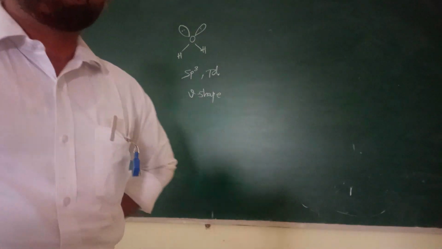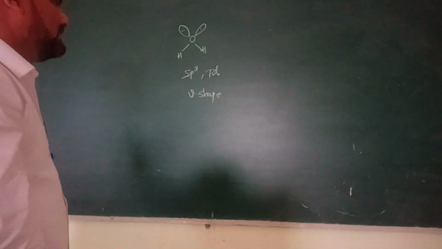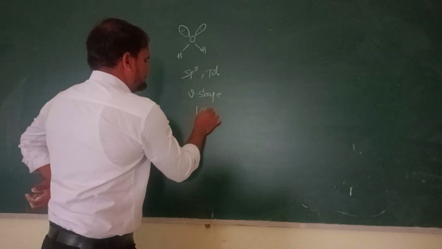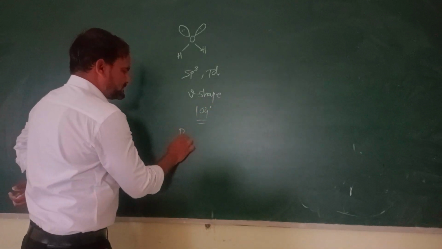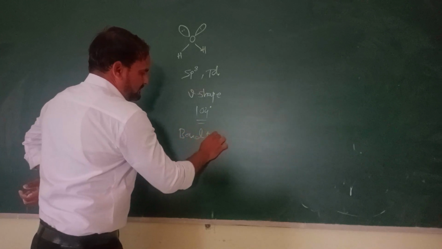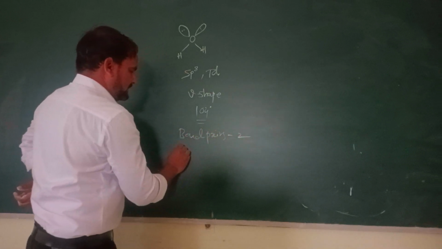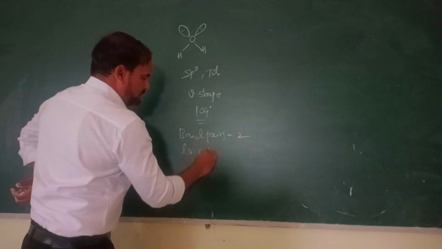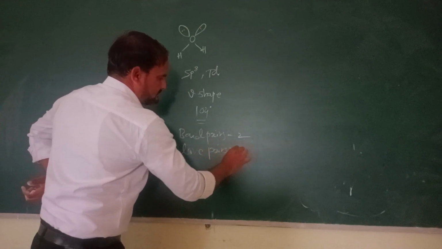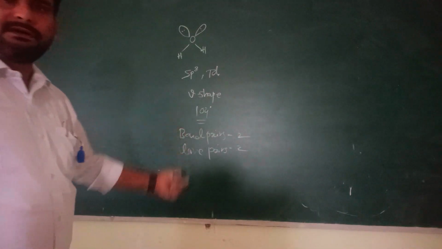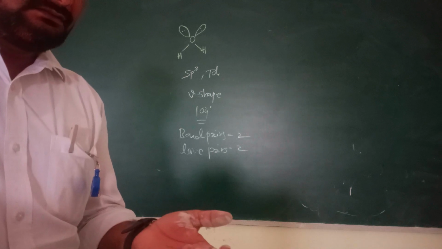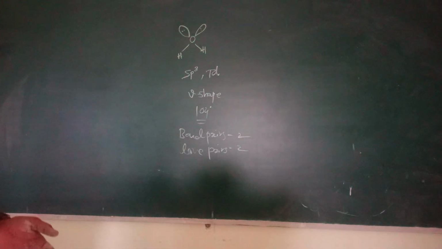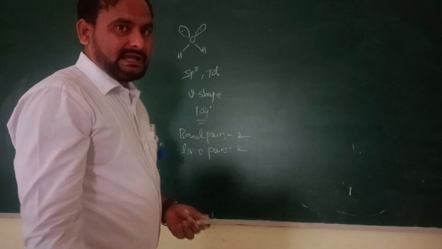The structure is called distorted. It's not a regular structure. Now how many bond pairs are there? In this molecule, the total number of bond pairs is 2, and the lone pairs are 2. Got it? This information is collected from VSEPR theory, given by Nyholm and Gillespie.